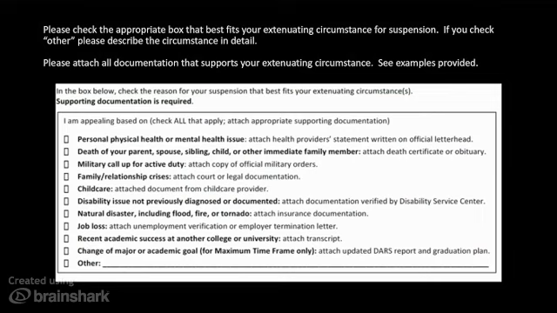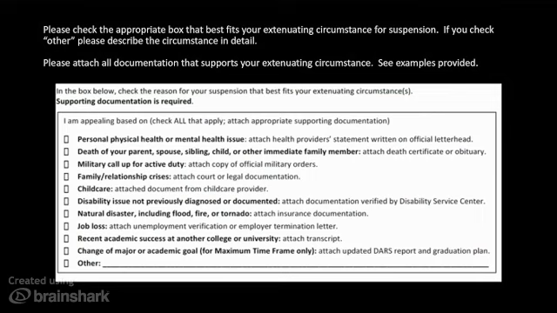If your appeal is in regards for natural disaster, including flood, fire, or tornado, please attach documentation or insurance information. If your appeal is in regards to job loss, please attach unemployment verification or employer termination letter. If you have had recent academic success at another college or university, please attach your transcript.